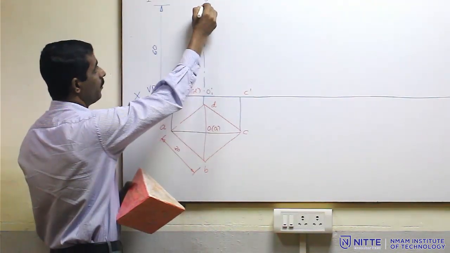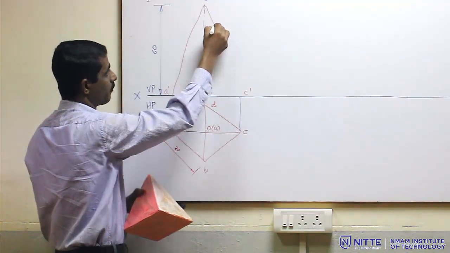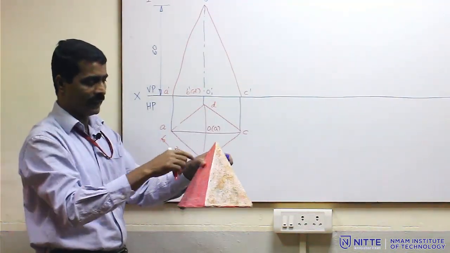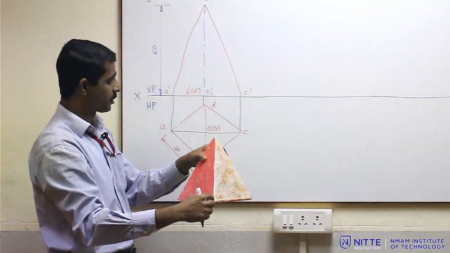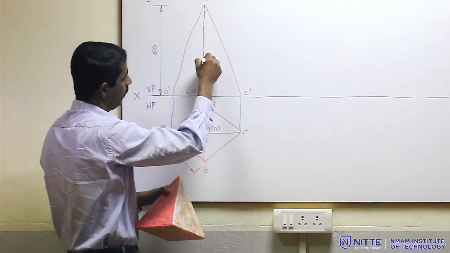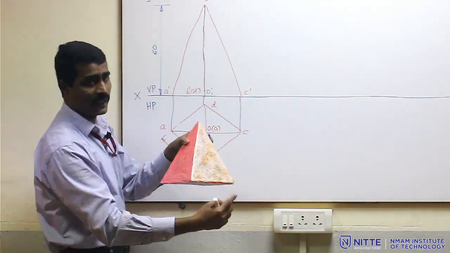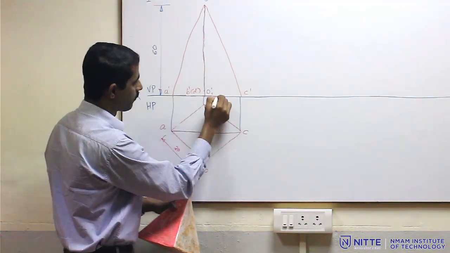So, let me draw the front view, this one edge, 2 slant edges, O dash A dash, O dash C dash, then O dash B dash, that has to be drawn. So, O dash B dash I am drawing here, and the base from this end to this end, this line is also dark.